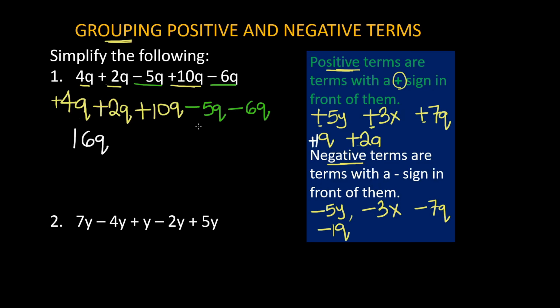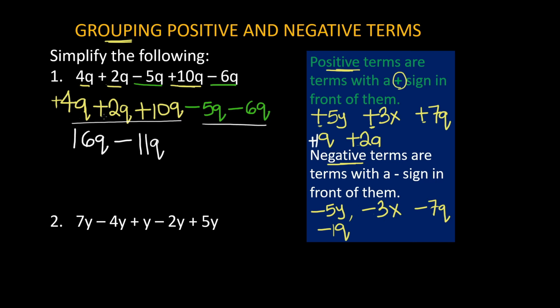Also we have negative 5q and negative 6q. So if you take a look at this, negative 5q minus 6q, that gives you negative 11q. So we'll put negative 11q right here. If you take note of this, you realize that we've been able to simplify this by grouping the positive terms on one side and the negative terms on one side.